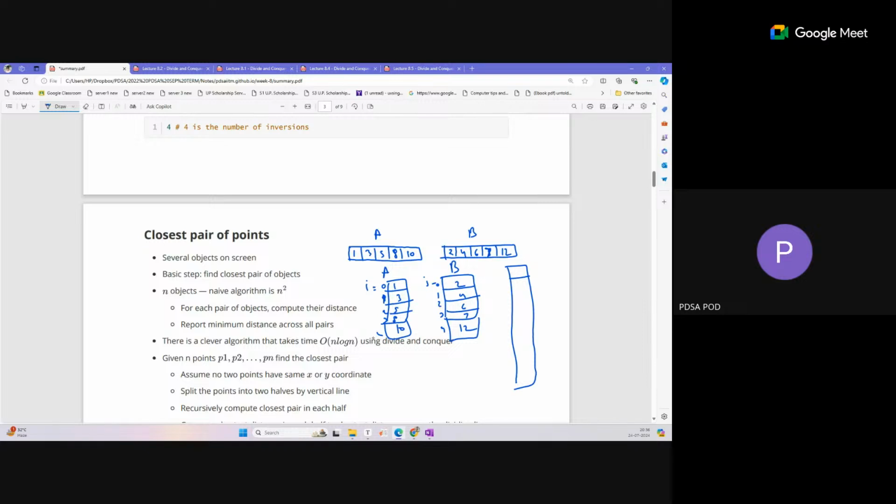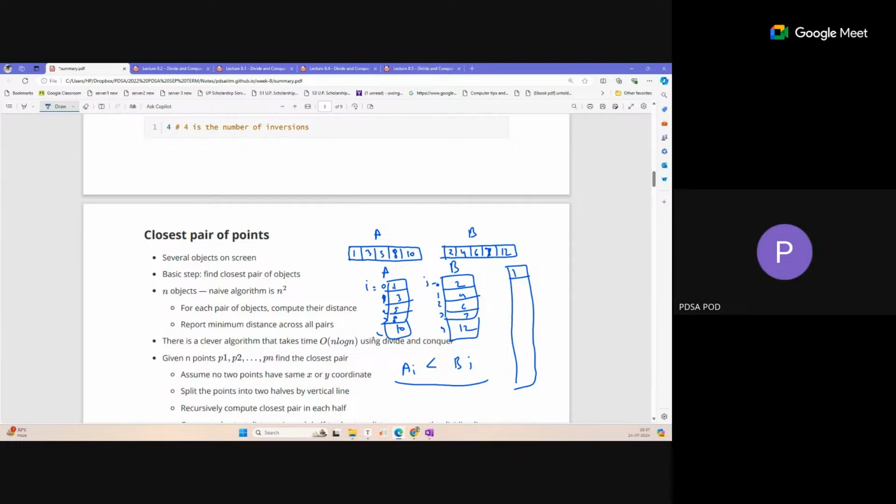So when we compare 1 and 2, this 1 is smaller than 2, so the first element of A will be moved here. In this process, if our A i element is less than B j element, we need not do anything.